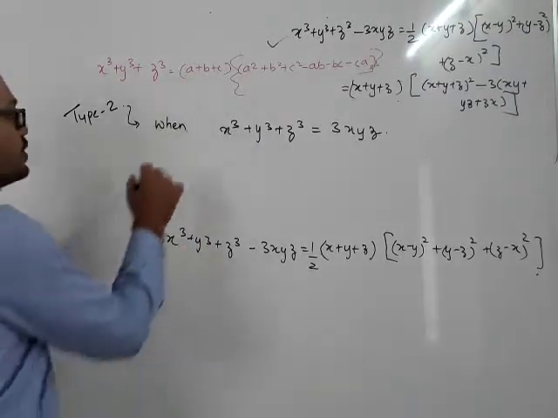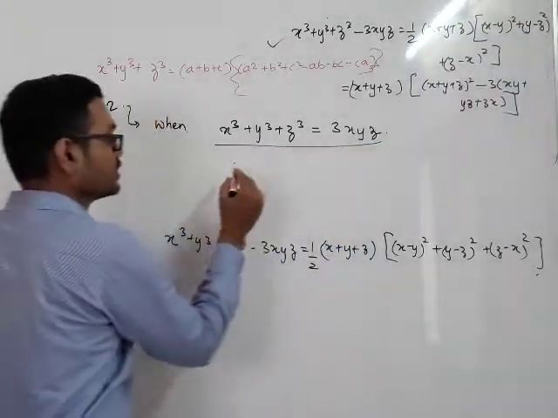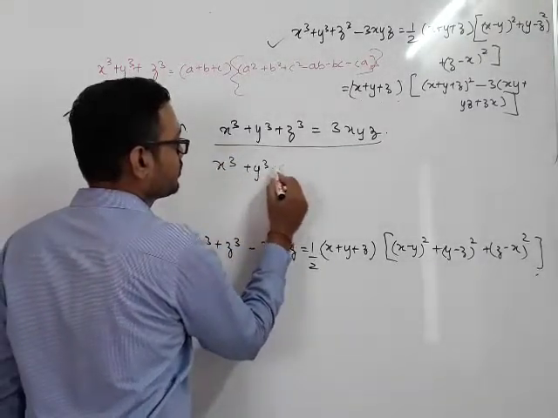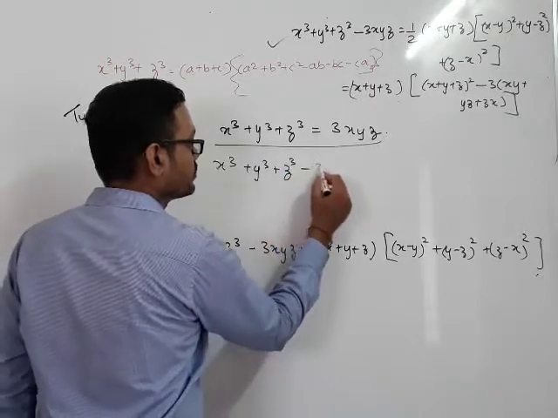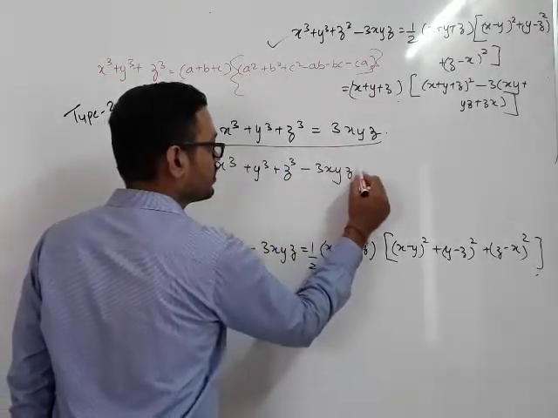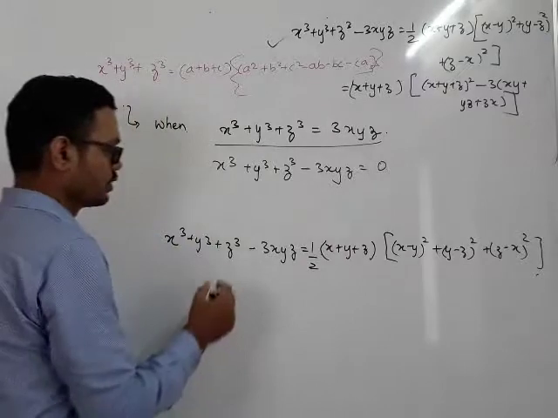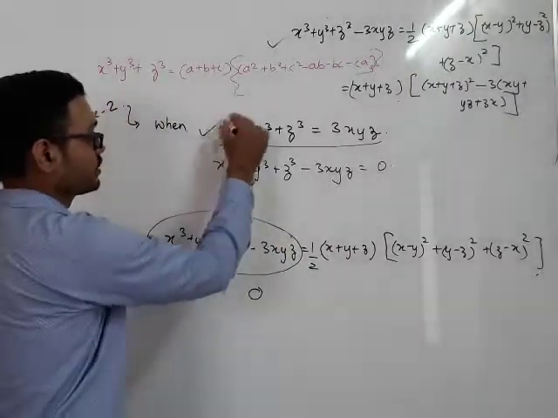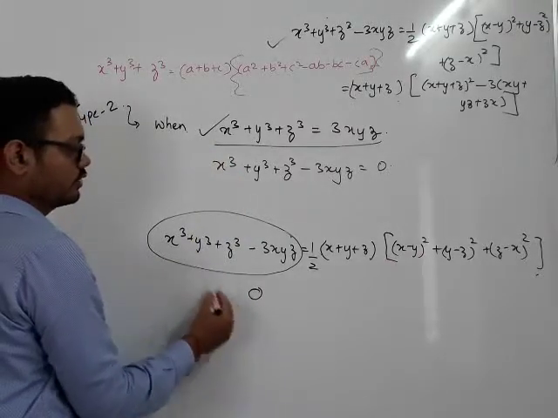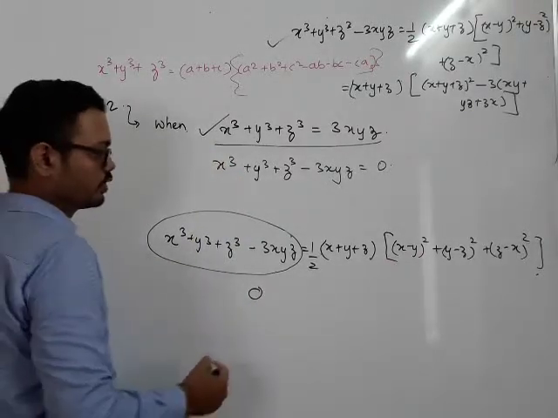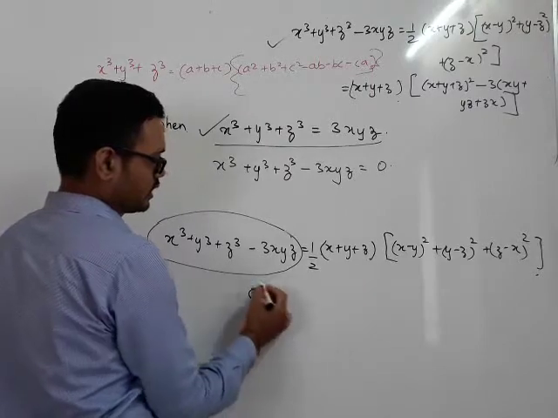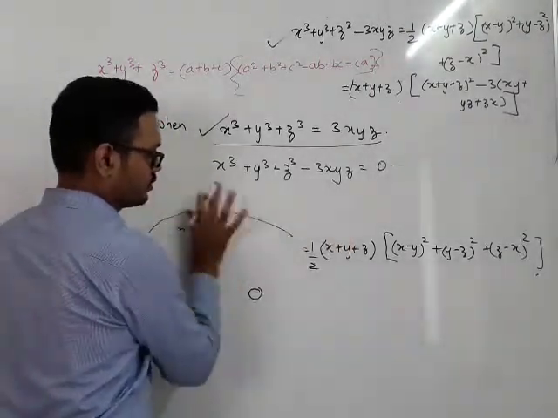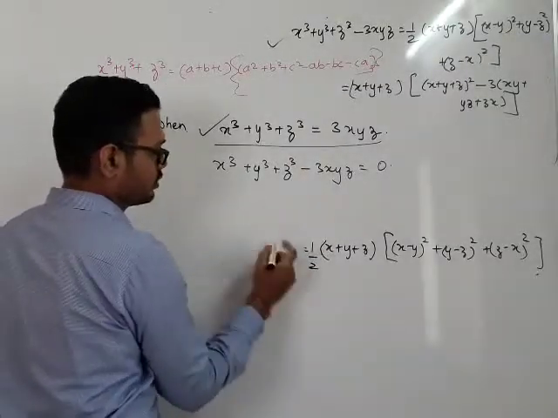In the next type, this will always be given. What does it mean? It means that x cube plus y cube plus z cube minus 3xyz is equal to 0, which means this entire expression is 0.